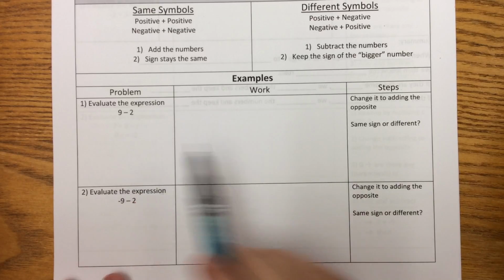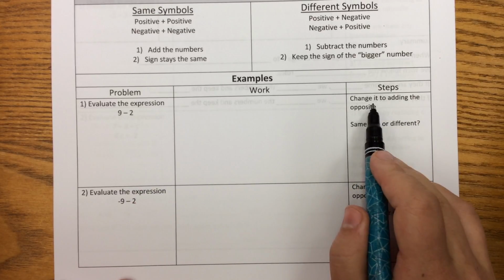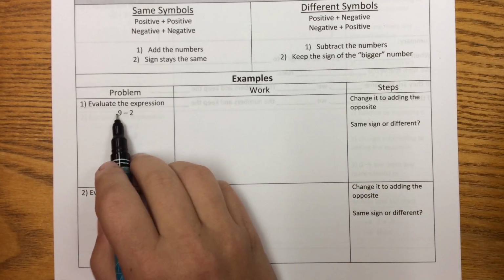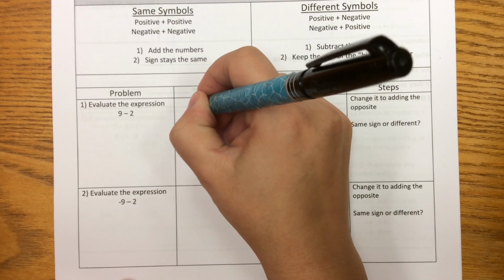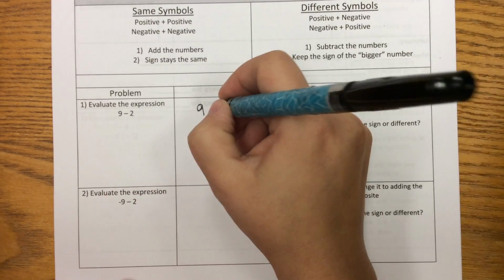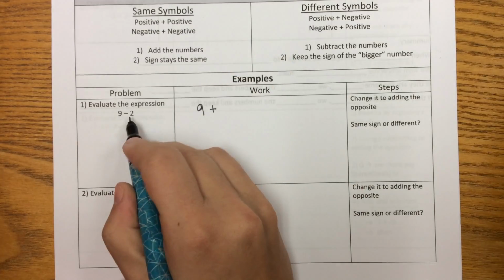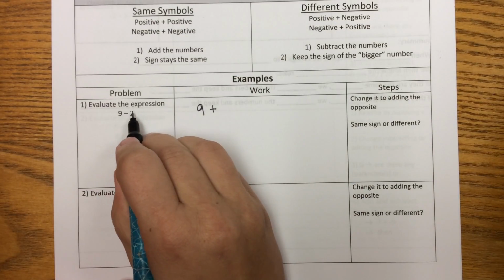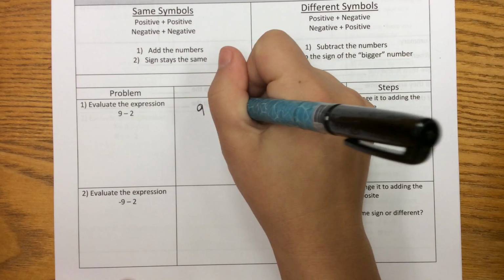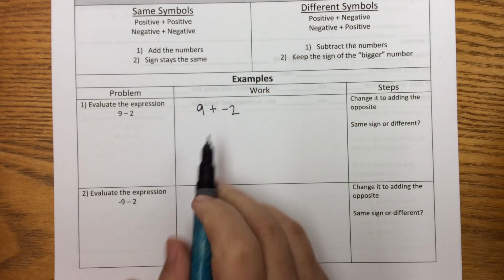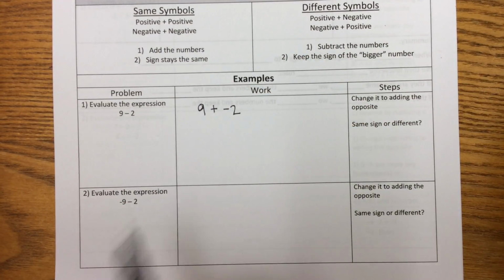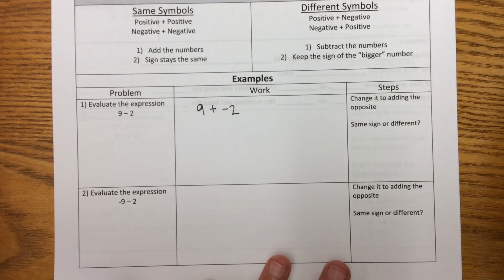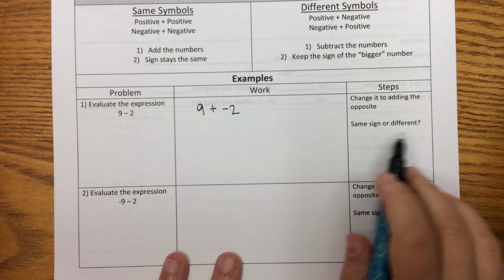It says evaluate the expression. The first thing we're going to do is change it to adding the opposite. So we keep the 9, we change the subtracting to adding, and then we want the opposite of 2. The opposite of a positive 2 is a -2. I know you could have just done 9 minus 2 right away, but we're just going to see what is the difference. Are they the same sign or different signs?